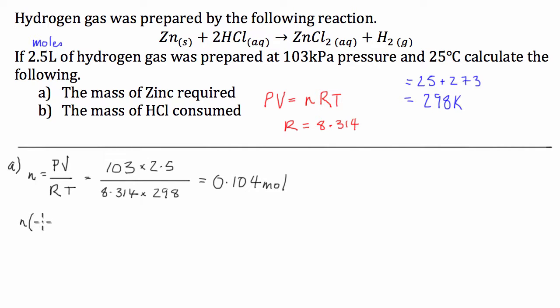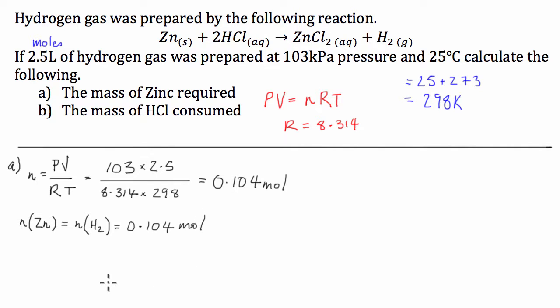I write this down for the benefit of the teachers, so it shows that you understand molar ratios. The number of moles of zinc is going to be equal to the number of moles of hydrogen gas, which is equal to 0.104 mole.